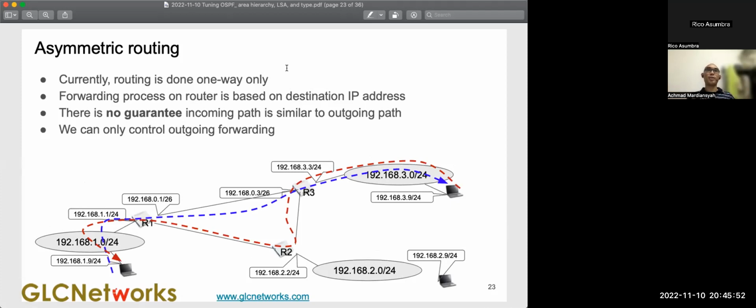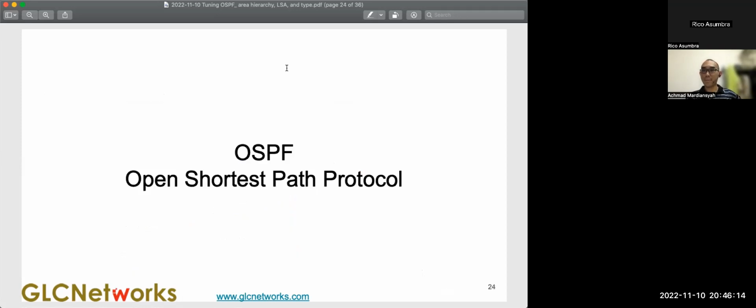So you just expect that incoming is from this interface, but it cannot always be guaranteed like that, okay? Because every router only has the capability to control its own outbound traffic. So let's talk about OSPF.